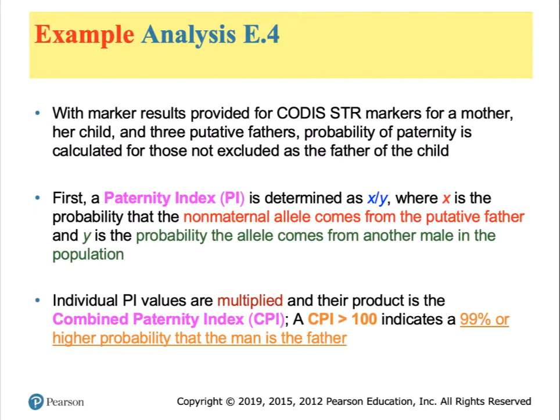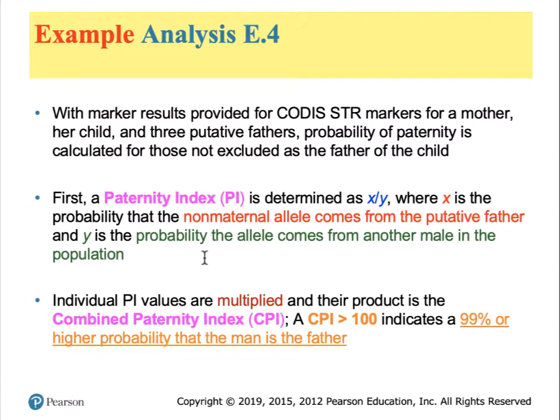This time a special index is used to relay information. The first is called the paternity index, the PI, and that is simply a ratio. The numerator, which goes on top of the equation, is the probability that the non-parental alleles came from the putative father. And the denominator of the ratio is the probability that the allele came from another male in the population.